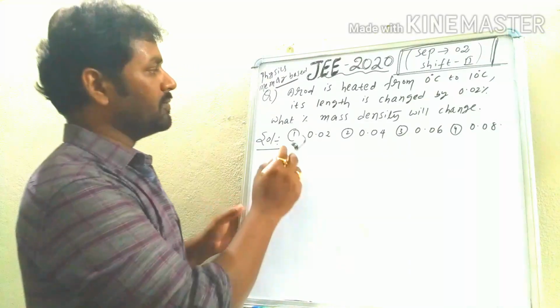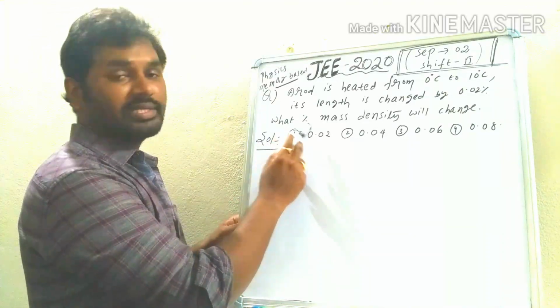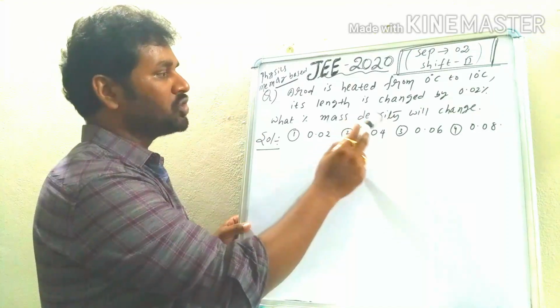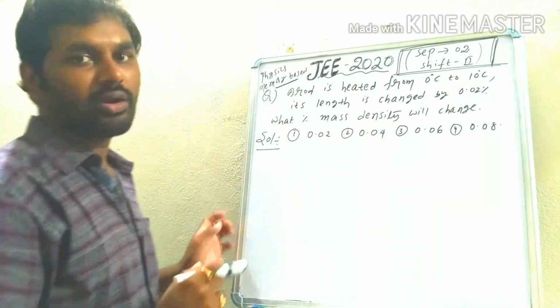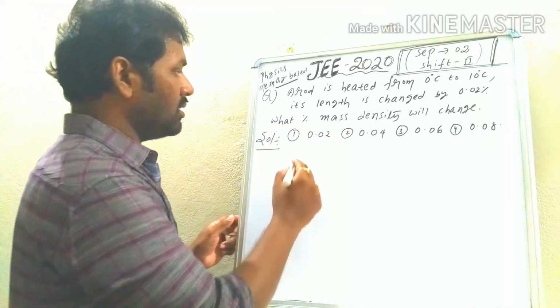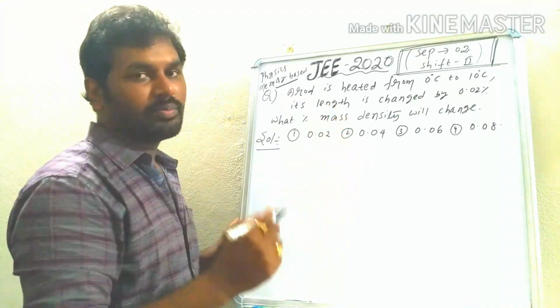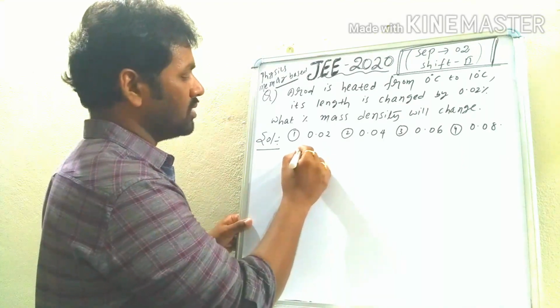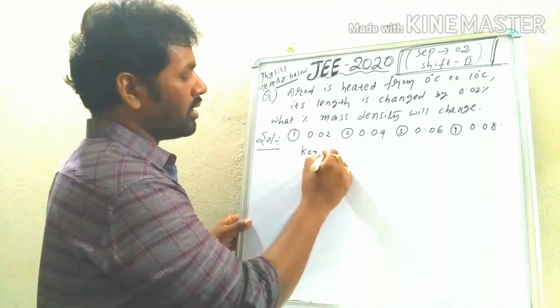What is the key idea to solve this question? You see here, it is asked the percentage change in the density of the rod. So firstly, I am writing the key idea to get the percentage change in density.